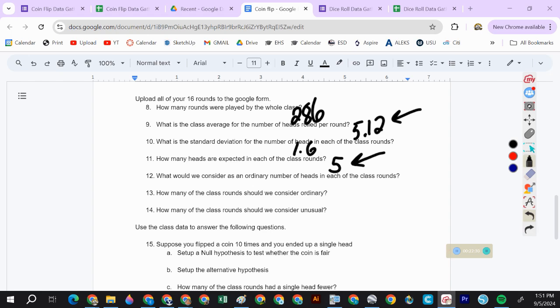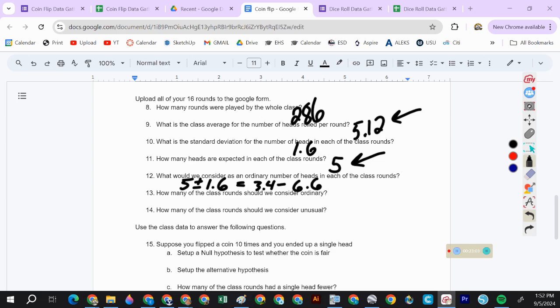The expected value. So this will be 5 plus or minus 1.6, which is 3.4 to 6.6. Okay? So how many of the class rounds should we consider as ordinary?